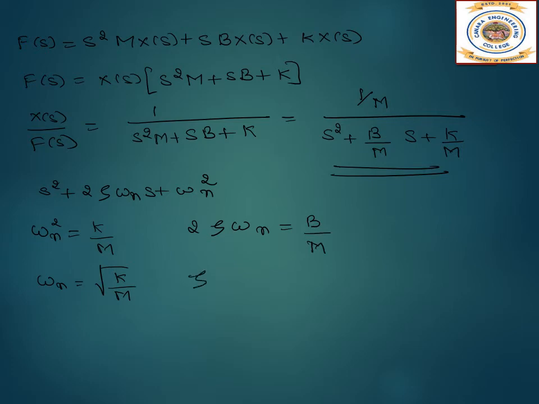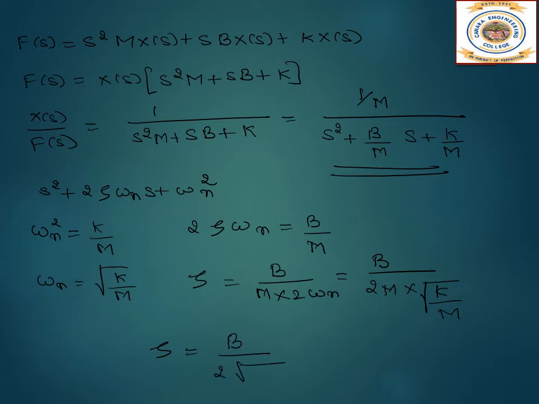So zeta is equal to b by m into 2 omega n. This is b by 2m into omega n, which is root of k by m. So here, root m cancels, and we get b by 2 root k m. This is zeta.